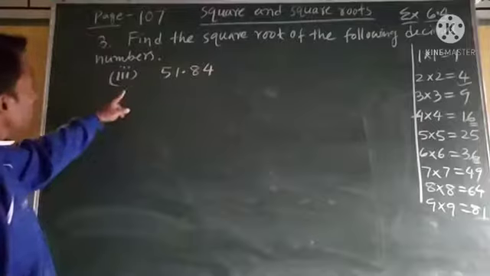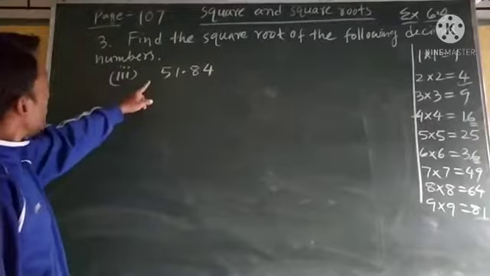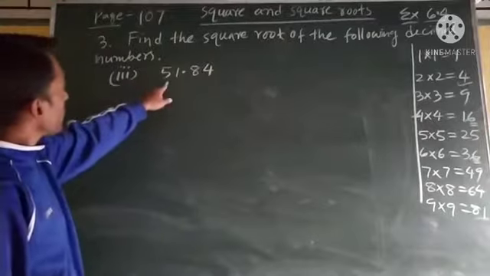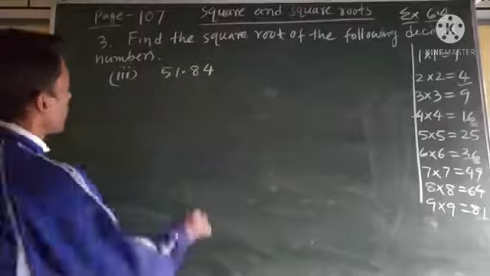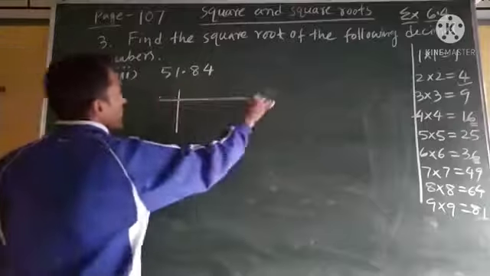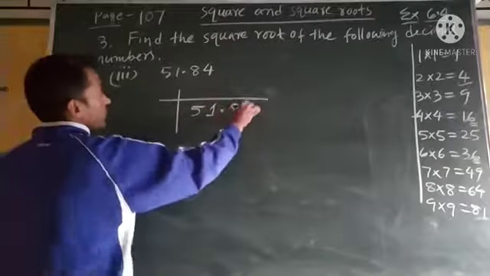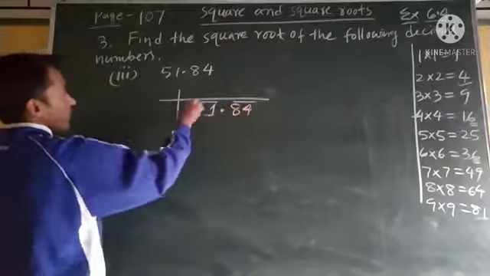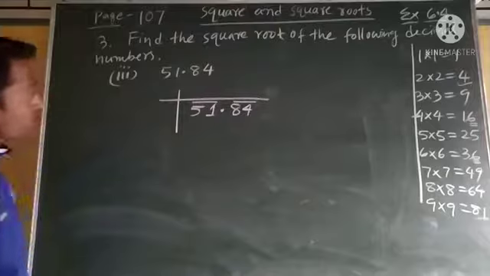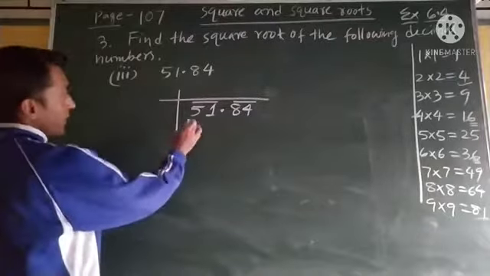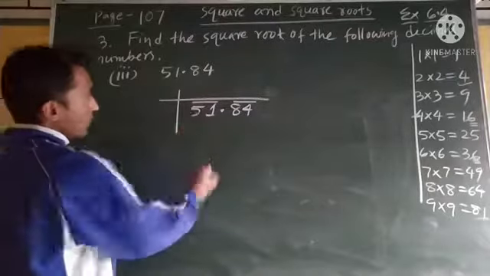You see the next question. Find the square root of 51.84. In the same way, you make pairs. So we get 2 pairs here. First, you have to give time to 51.